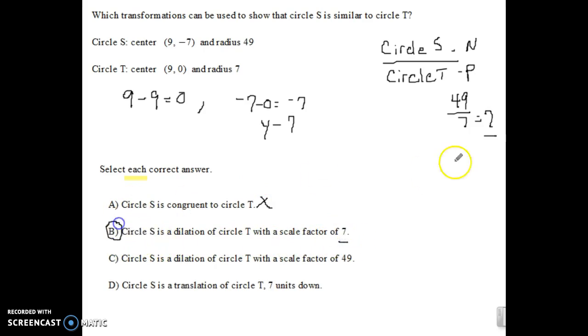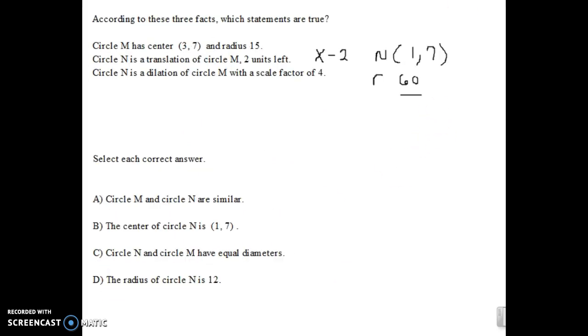That is correct. We calculated our scale factor. Circle S is a dilation of circle T with a scale factor of 49. Well, that's not right because we just found it as 7. Circle S is a translation of circle T 7 units down. Well, that is correct because we found that you had to go 7 units down to get to T. So those two would be correct answers.